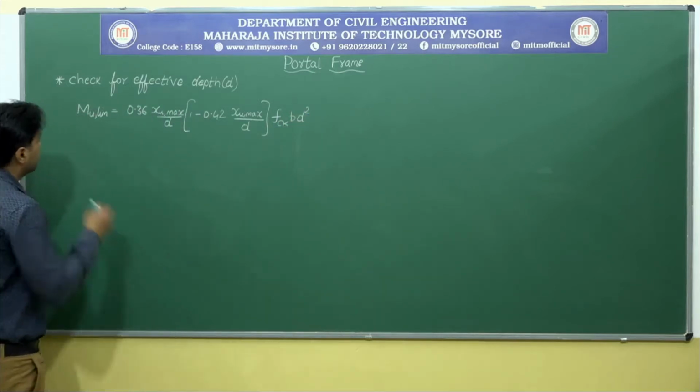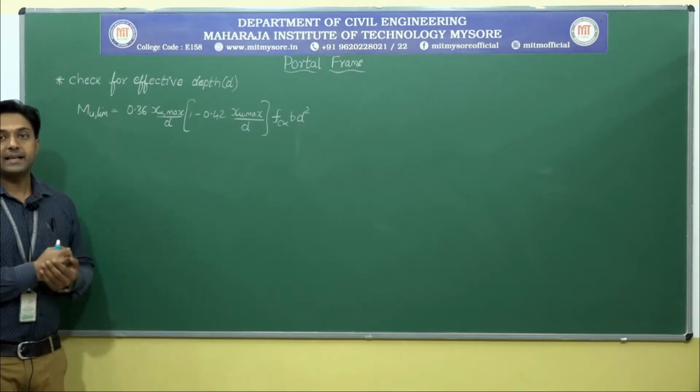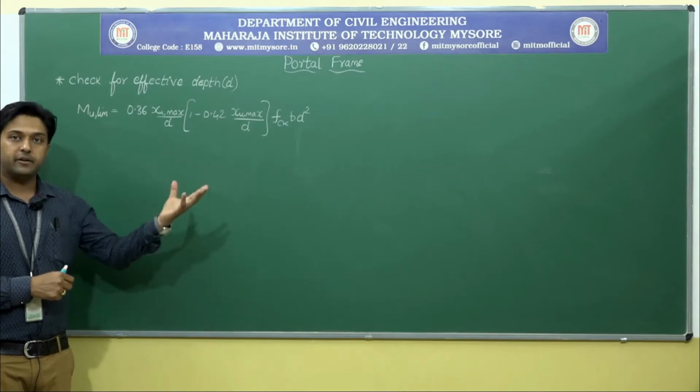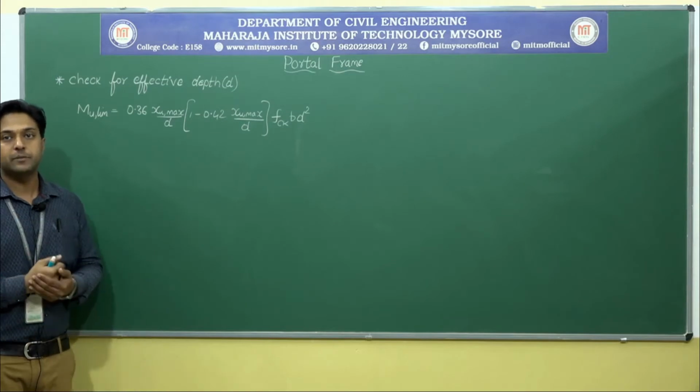Yes or no? So now Mu limit, out of those 4 values that we have calculated in the last class, let me take the highest value. For the highest value, if the depth that we have provided is sufficient, then obviously for the other values it will be safe.